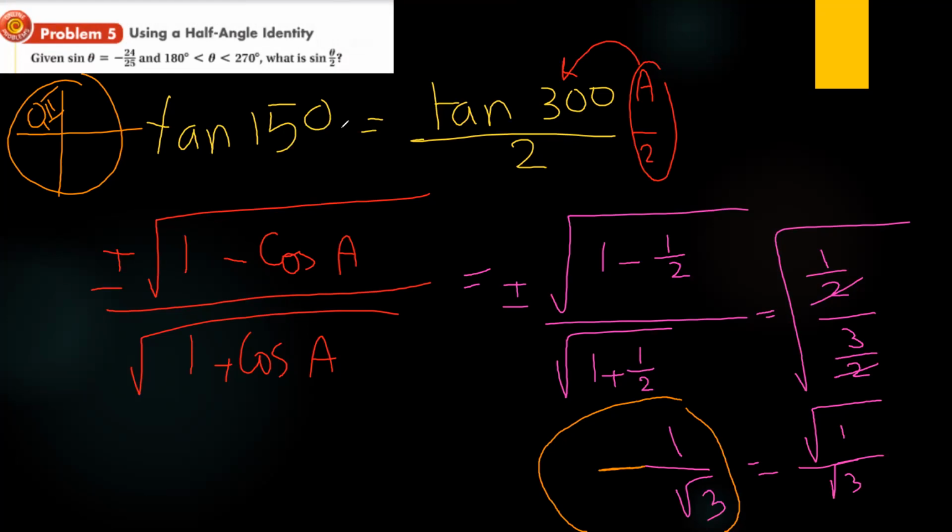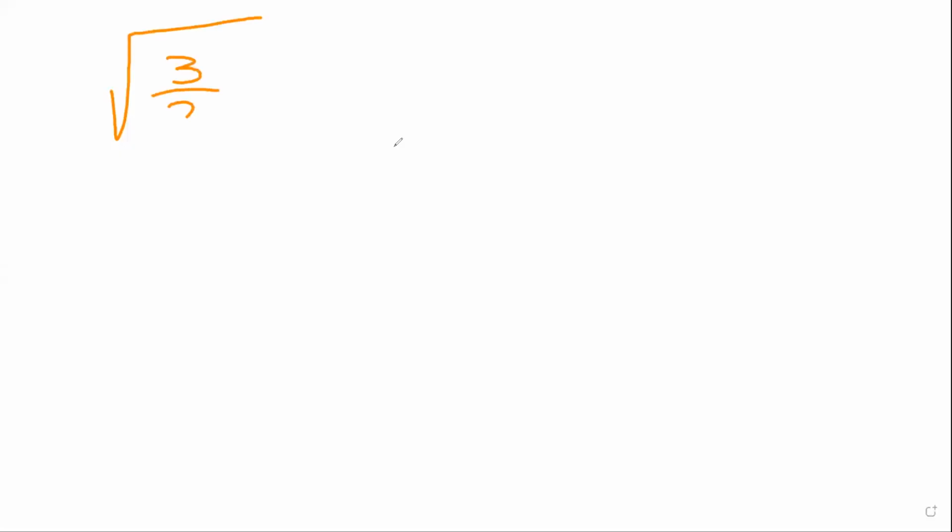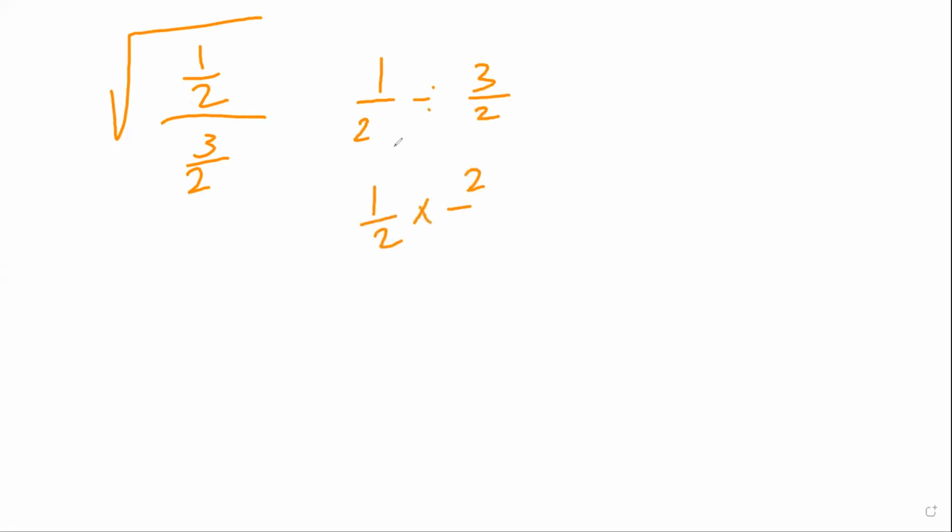Here, it is half over 3 over 2. So it is 1 over 2 divided by 3 over 2, half times 2 over 3. 2 cancel 2, so it will be a third under the square root. Yeah, thank you.